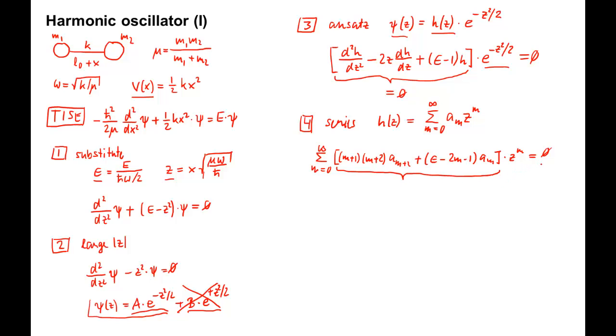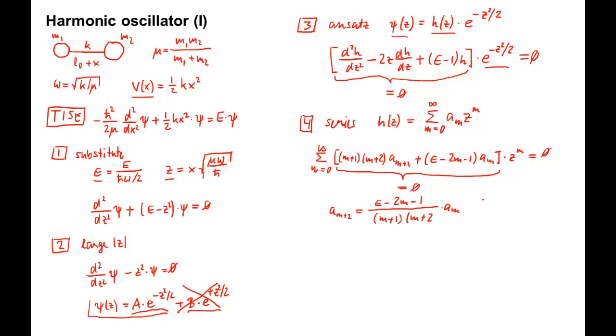For this polynomial to be 0 as required by the equation, each coefficient in this polynomial has to be 0. Rearranging this gives a_(m+2) equals epsilon minus 2m minus 1 divided by m plus 1 times m plus 2, the whole thing times a_m. This is a recursion formula for the polynomial coefficients.